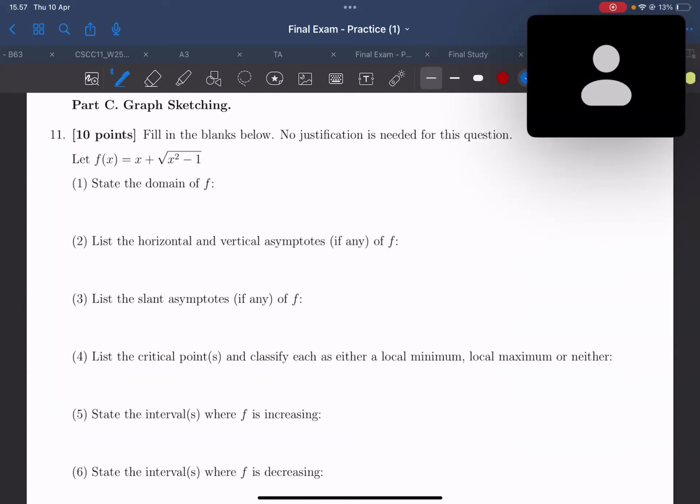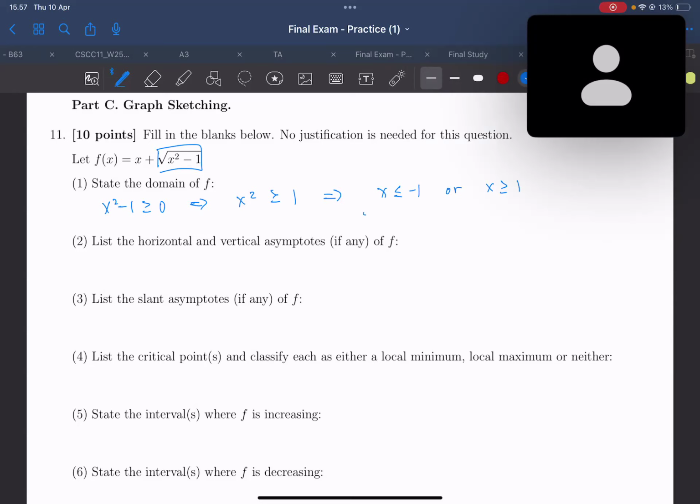In this case, we have x, which is okay because x is valid for any value, but the problem lies with the square root, which has to be non-negative. So we know that x squared minus 1 has to be greater than or equal to 0. This means that x squared is greater than or equal to 1, which means that x is less than or equal to minus 1, or x is greater than or equal to 1.